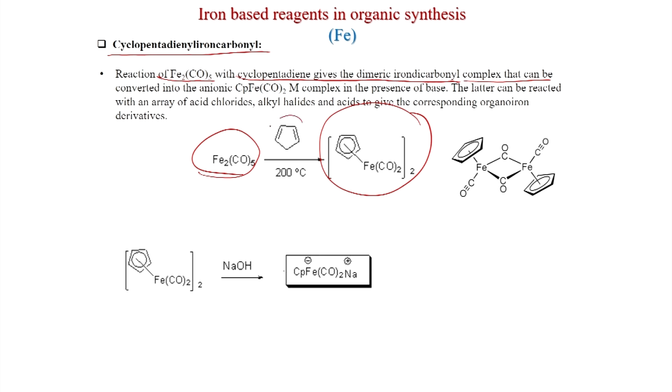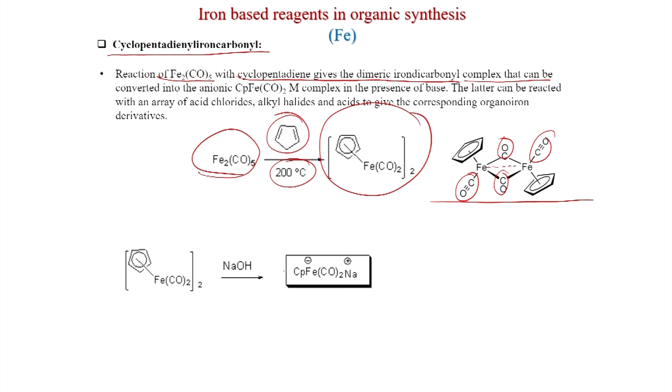This can be obtained after heating with cyclopentadiene at 200 degree centigrade, and this is the structure of cyclopentadienyl iron dicarbonyl. So, you can see this is dimeric and there is a bridging CO. So, one CO is connected to each iron and another two are in the bridge. Also there is a debate that there might be an iron-iron bond also.